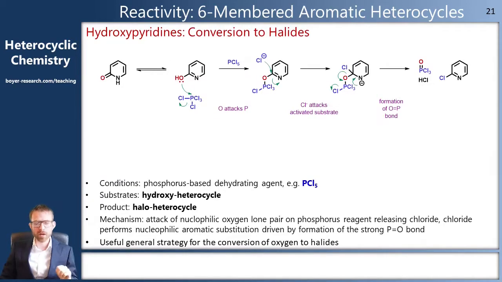We can swap that OH group for a halogen atom if we use one of our usual bunch of phosphorus reagents, and that proceeds by attack of the oxygen onto the phosphorus.